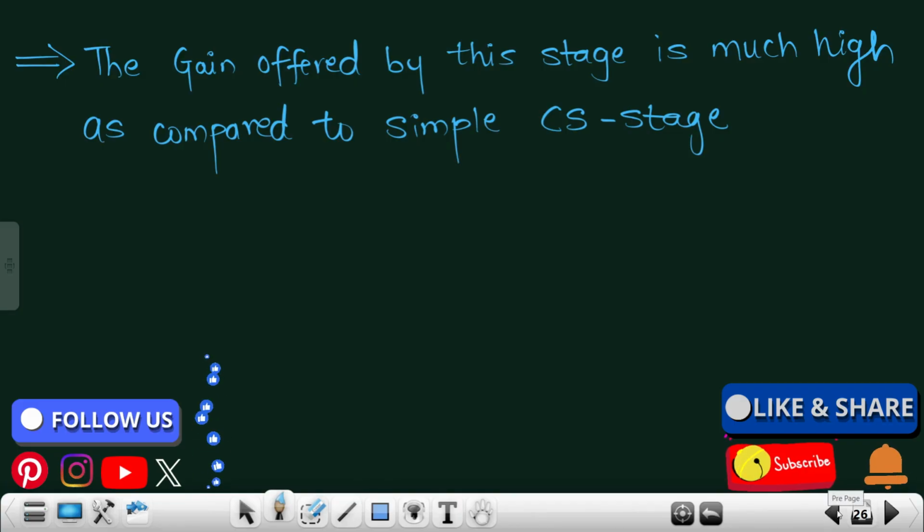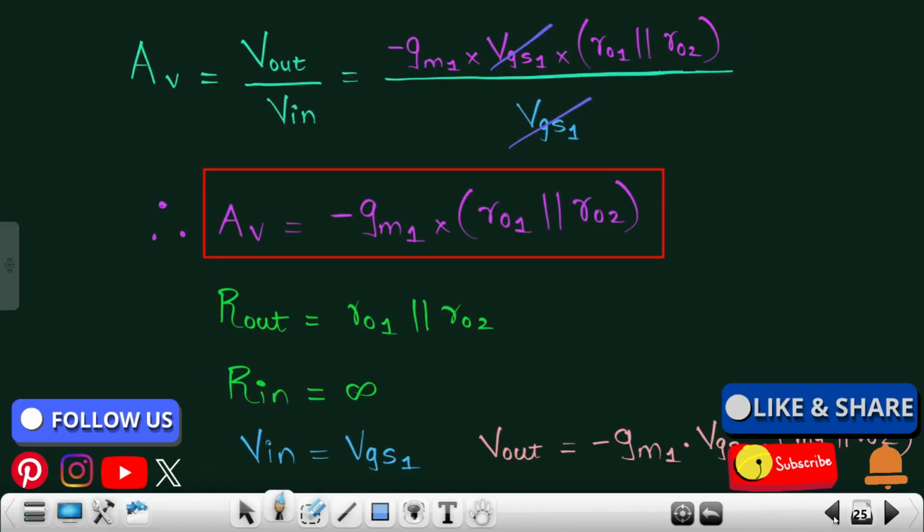This is the most important point. We are going to verify that with the help of simulation, so don't worry about that.